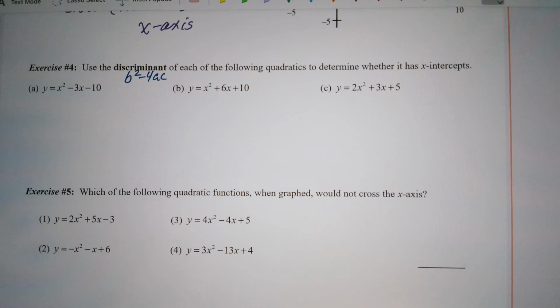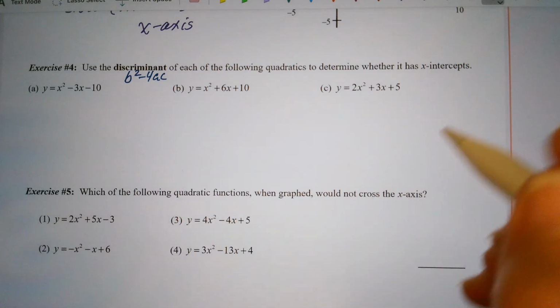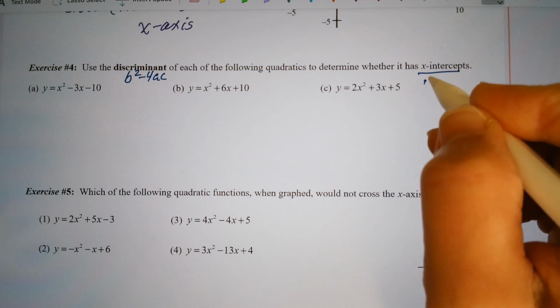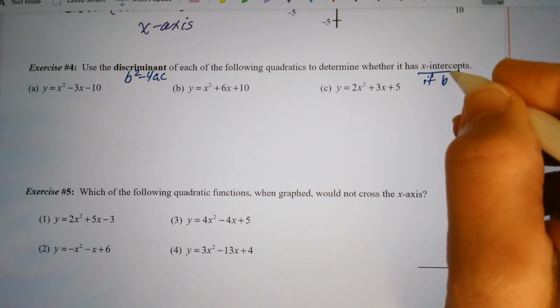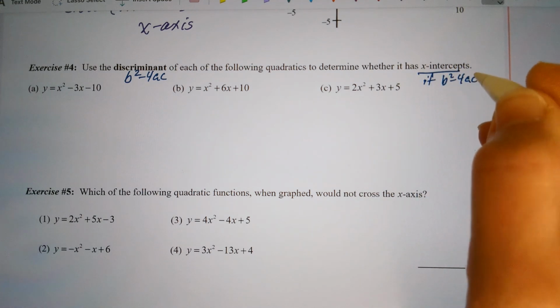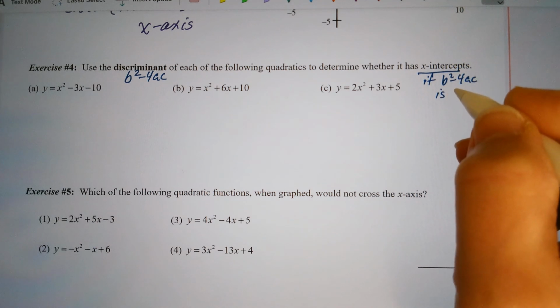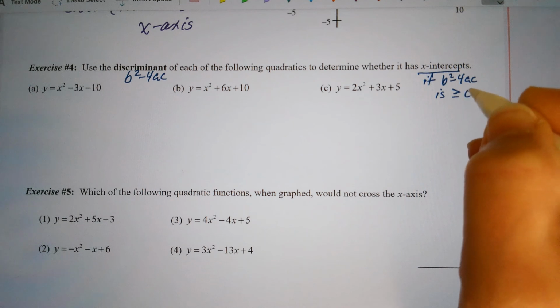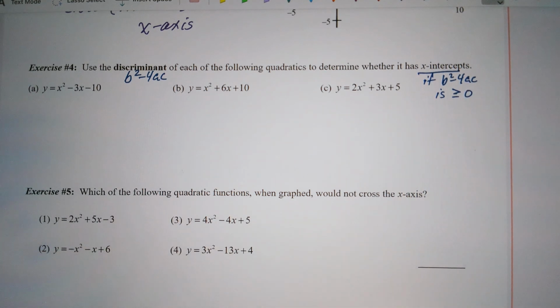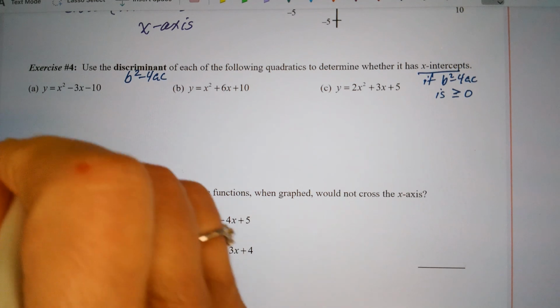Use the discriminant of each of the following quadratics to determine whether it has x-intercepts. So it will have x-intercepts if b squared minus 4ac is greater than or equal to 0. As long as that piece is not negative, then it will have x-intercepts.